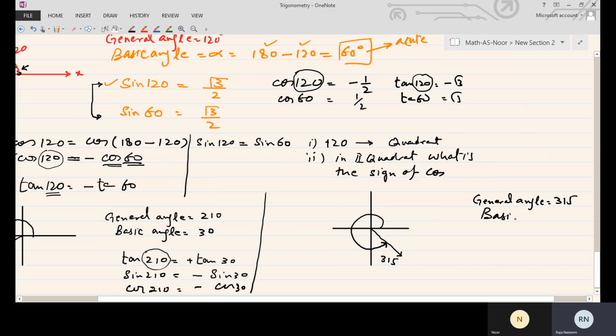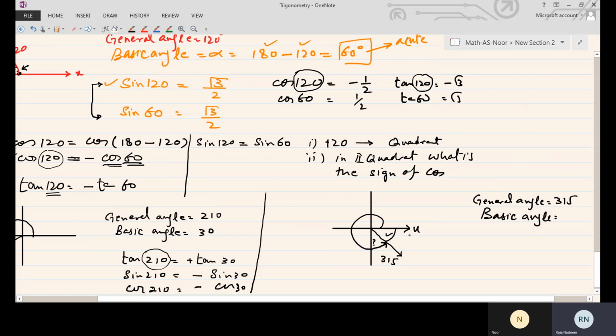What would be the basic angle in the fourth quadrant? So which side is the basic angle, this one or this one? Question mark or tick mark? Below the x-axis, so the tick mark. Yes, this is the basic angle.